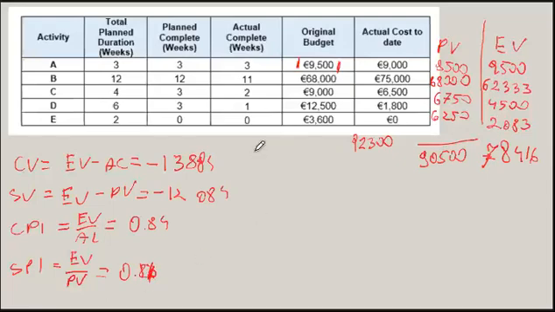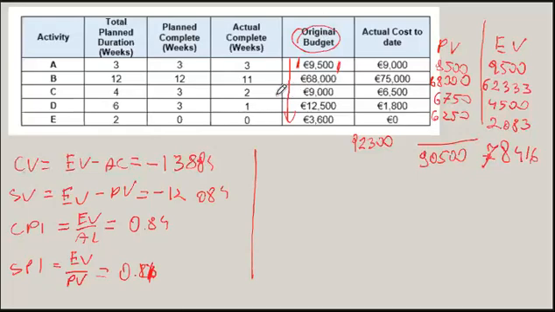To do some estimates, we need the original budget, budget at completion. Budget at completion is the budget for all the activities added together, including activity E, which we don't need at the end of week 19 because it's planned complete zero and complete zero, but it's part of the total budget.